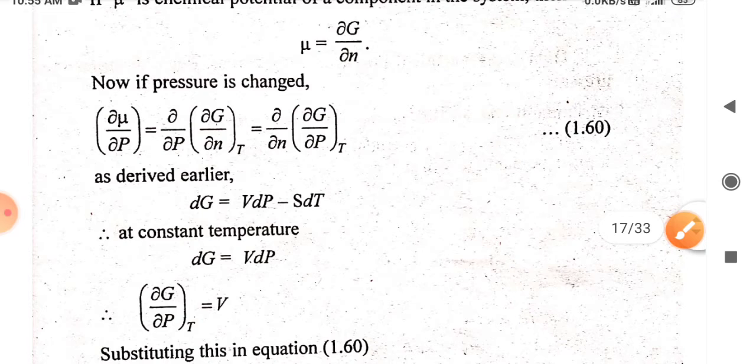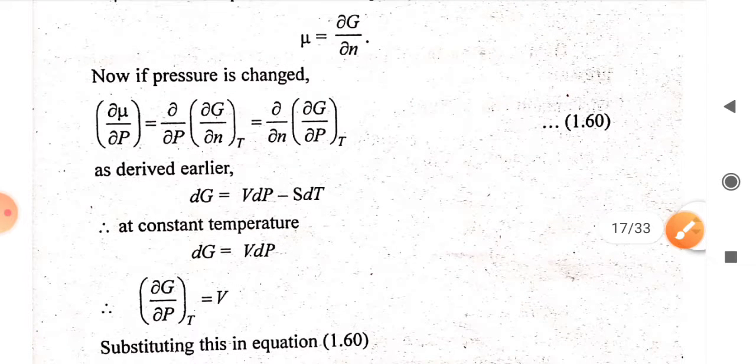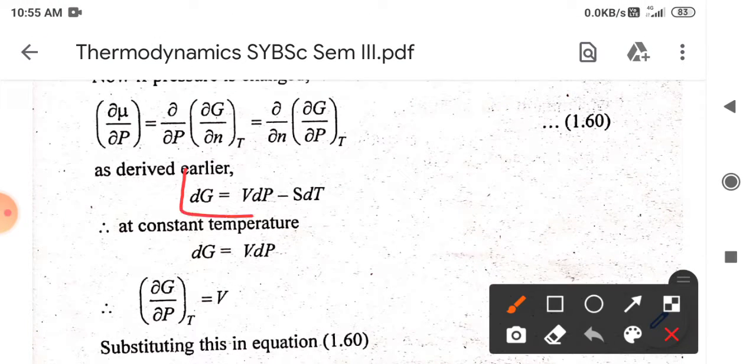Call this equation number 1.60. Now, we have already derived one important equation, and various forms of it are quite useful for deriving other terms also.